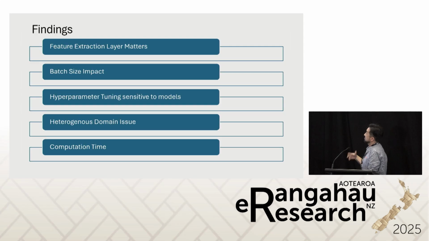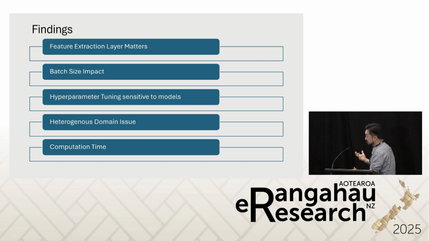So let's go through the findings. The first finding is that the feature extraction layer matters. We found that the choice of layer significantly affects the accuracy of the downstream classifier.